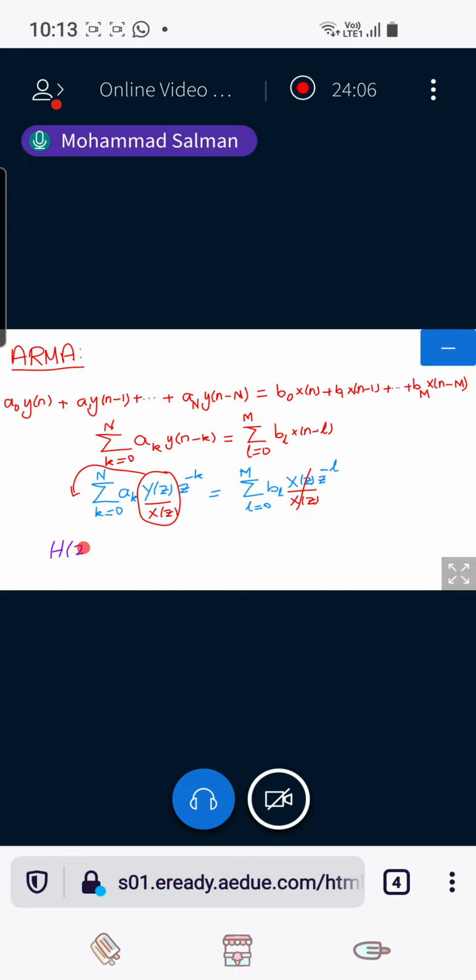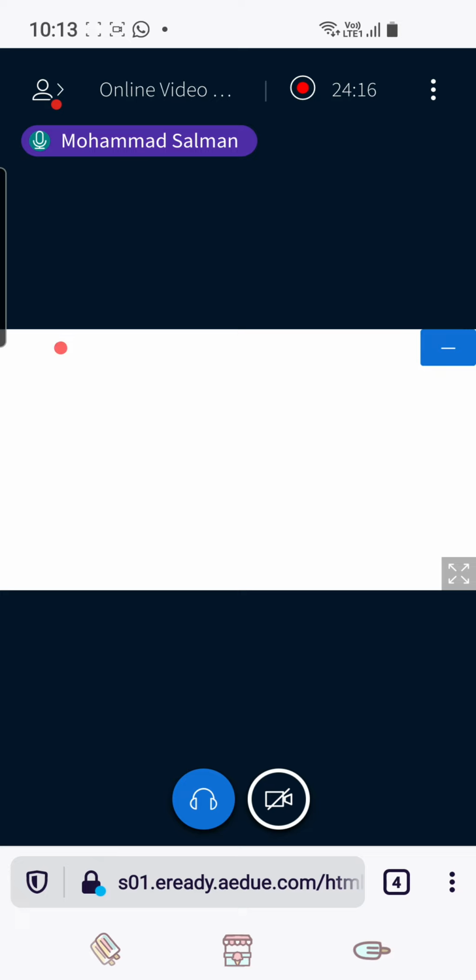H of Z, which is Y of Z over X of Z, right, is, let's write it on the other page.